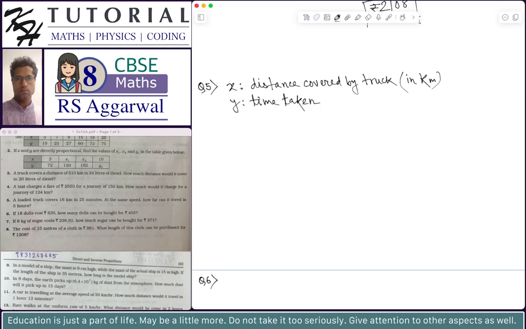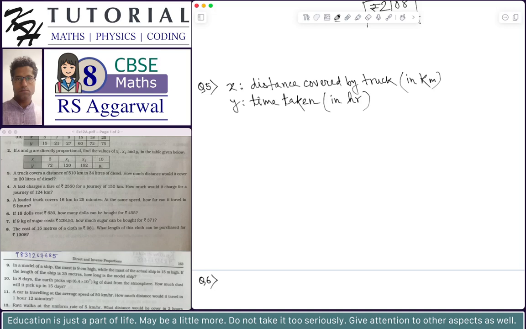So the quantity time taken should be in hours, since by convention the unit of speed of any vehicle is kilometer per hour. So the quantity y will have the unit hour, and the quantity x, the distance covered by the truck, is in kilometer.